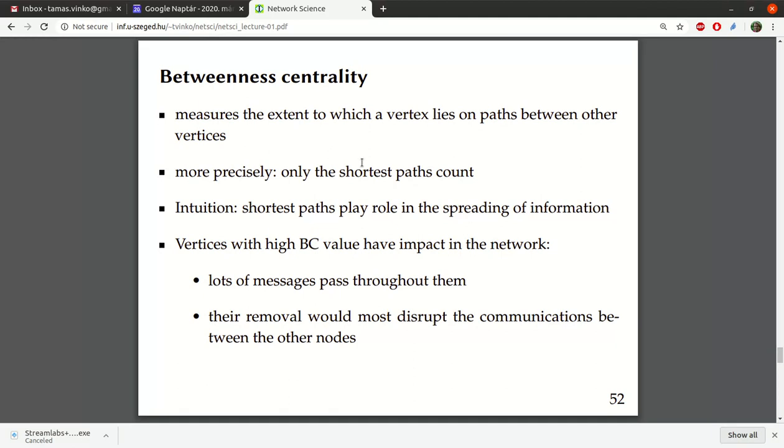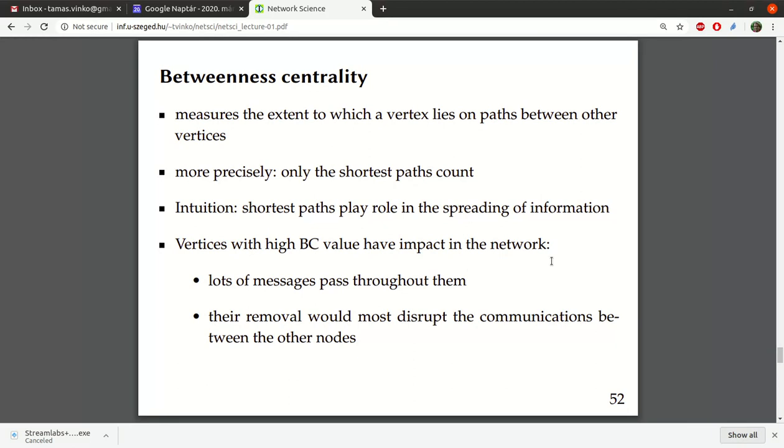Only shortest paths count, and we are still assuming that these shortest paths play a role in the spreading of information. So this is going to be the betweenness centrality.